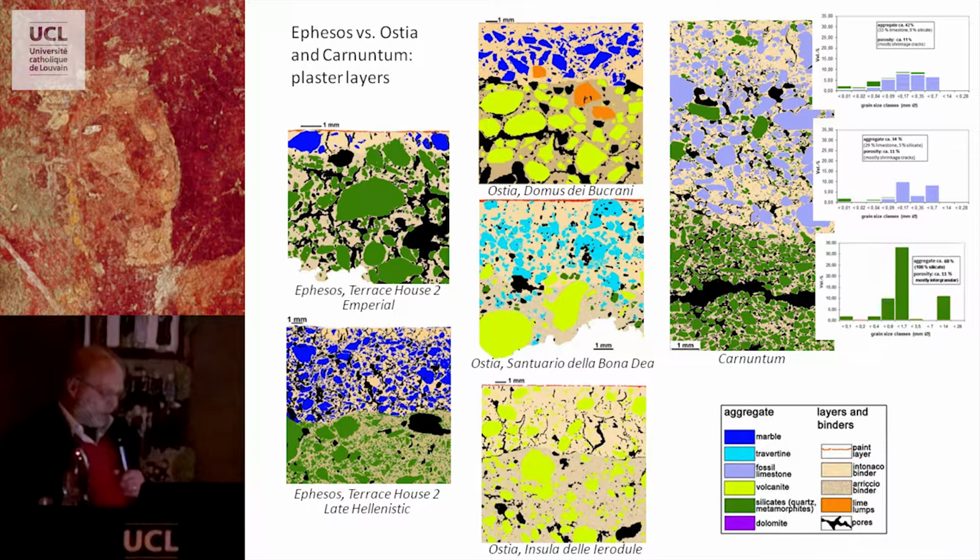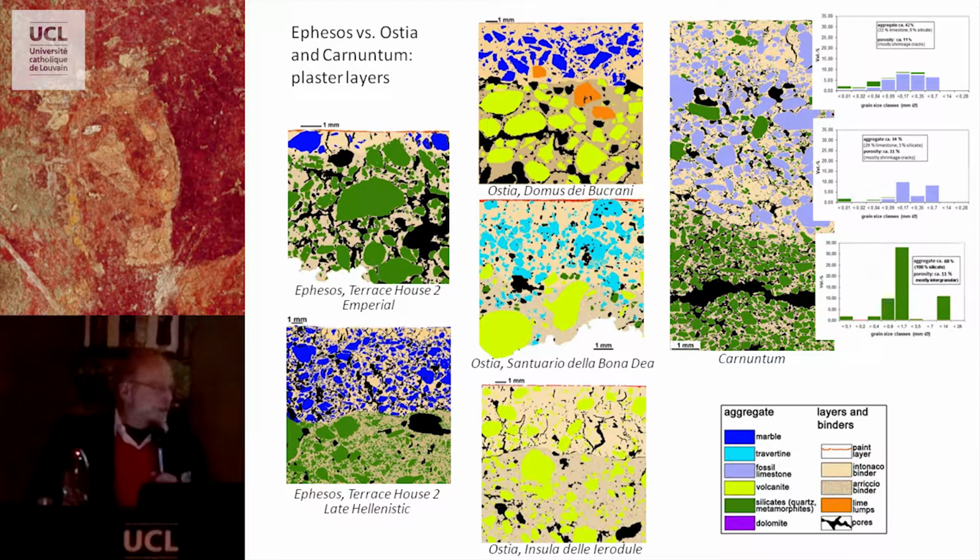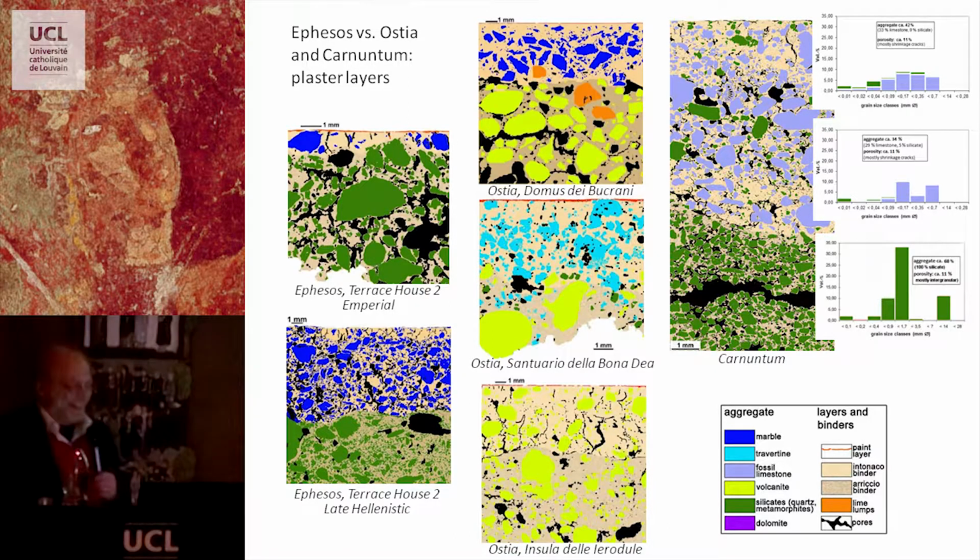The intonaco sometimes is a very thin monolayer, sometimes thick, and for sure composed of different layers which have been applied wet on wet. If we compare this, thanks to Stella Falzoni, we had the possibility to get samples from Austria some 10 years ago, if not more, and from 3 different sites.